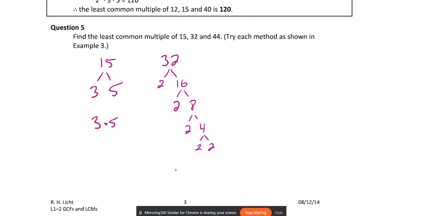This one would have been just 2 to the power of 5 in total. Yeah, 2 to the power of 5. And then 44 can be split up as 2 times 22, and then 2 times 11. So that one could be written as 2 to the power of 2 times 11.